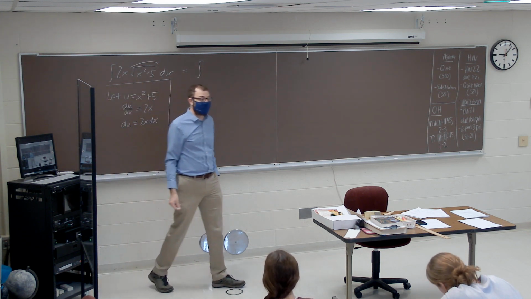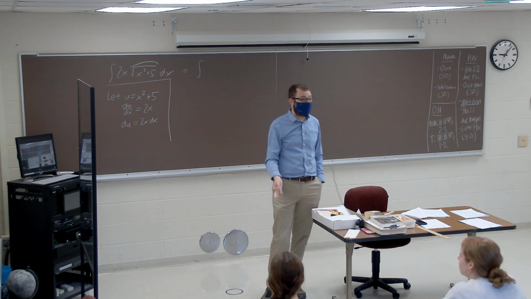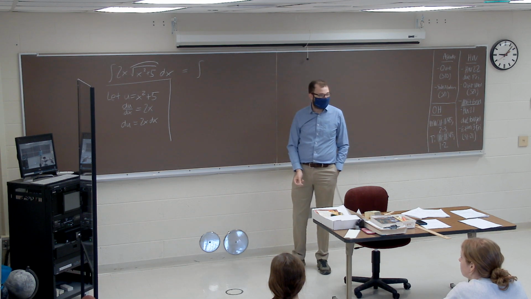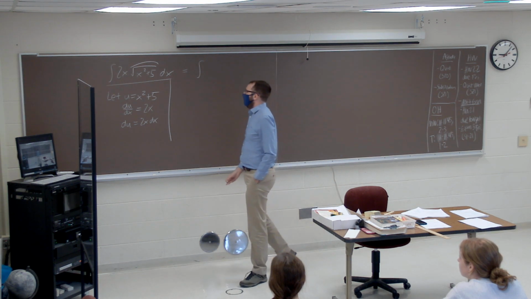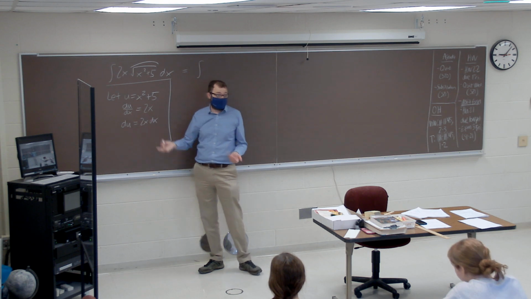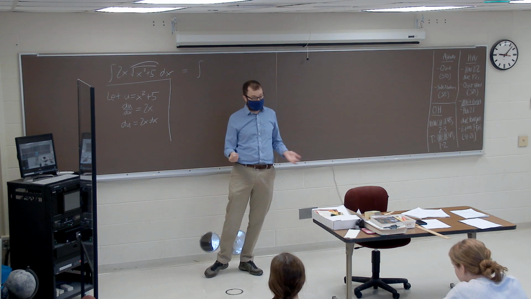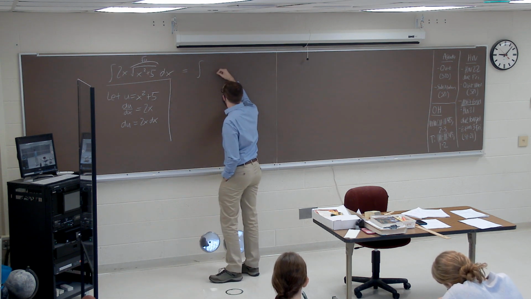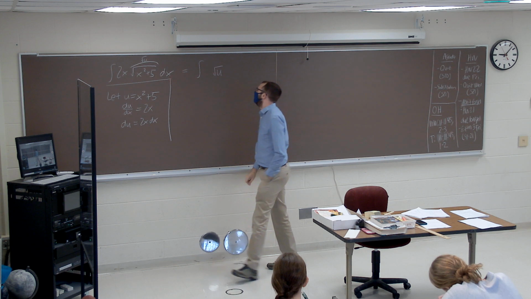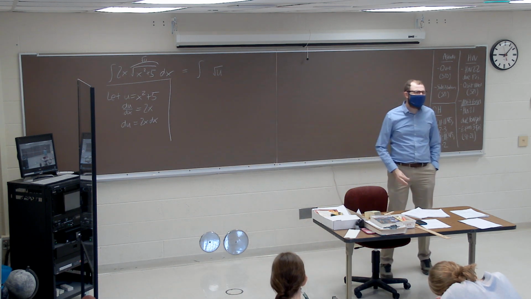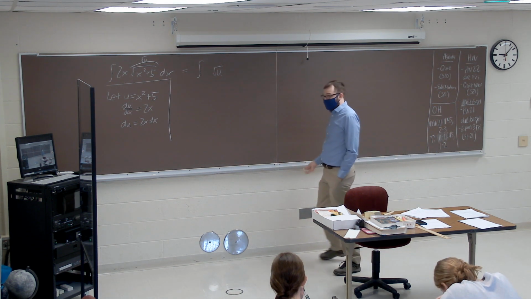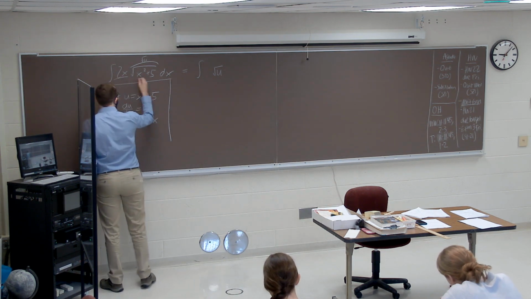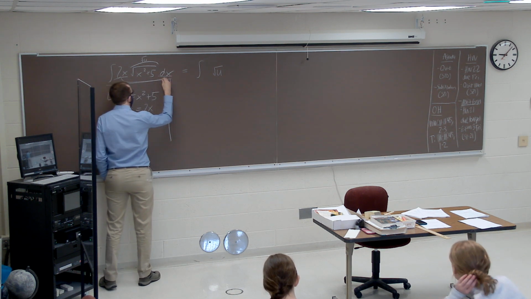Danielle, how could we take square root of x squared plus 5 and replace that with some expression that has u's instead of x's? Yeah. If u is x squared plus 5, then square root of x squared plus 5 should just be square root of u. So I'm going to replace this term with square root of u. And we still have a couple other terms in our integral that have x's in them. We have this 2x term and this dx term.